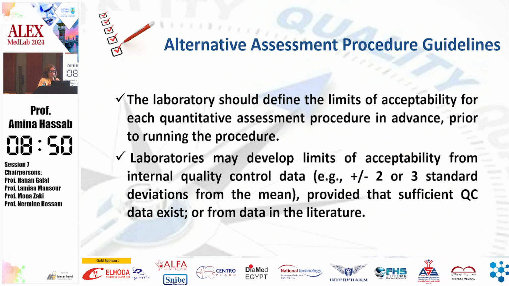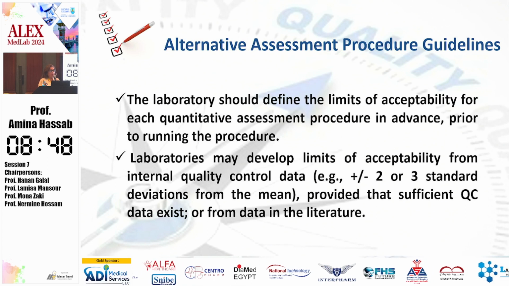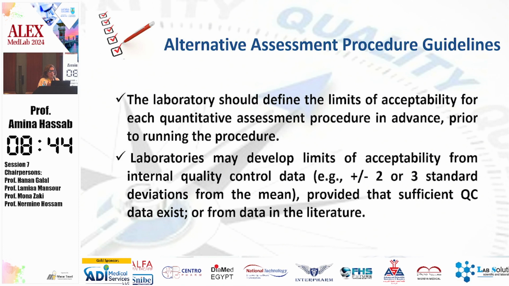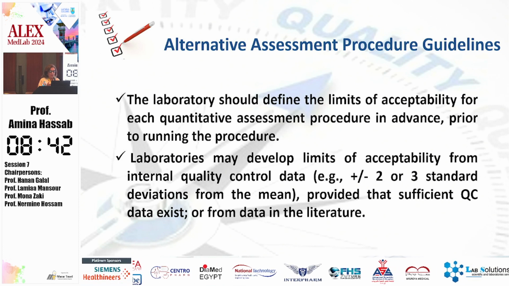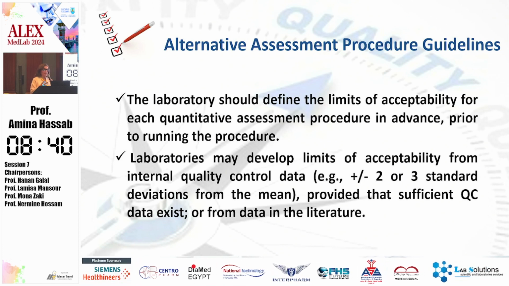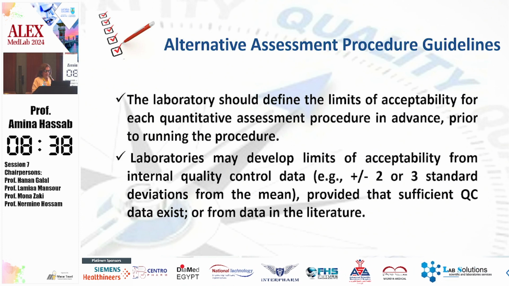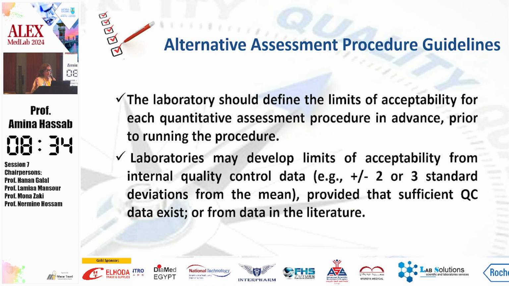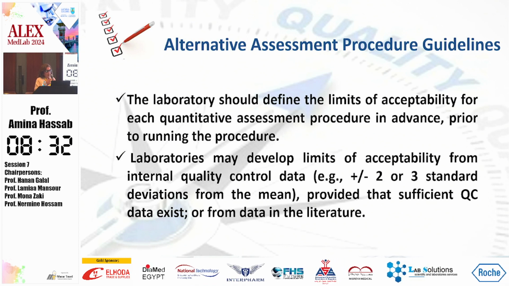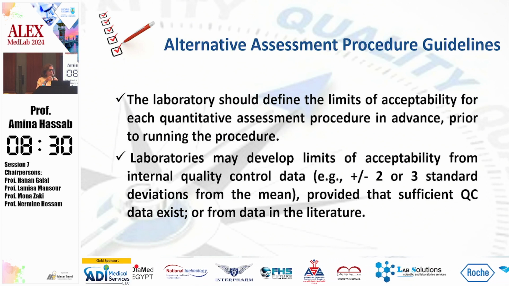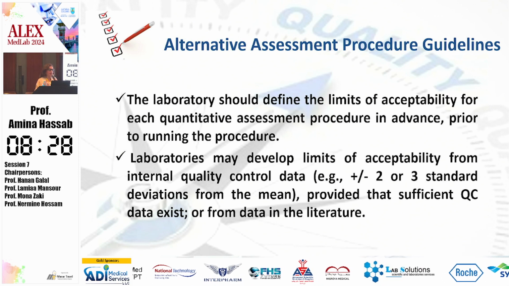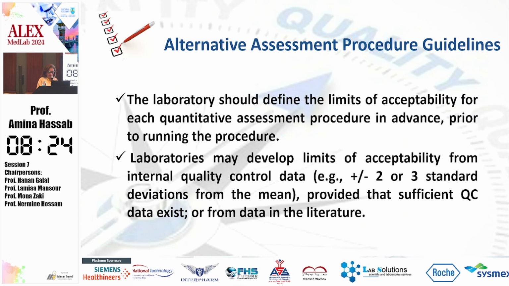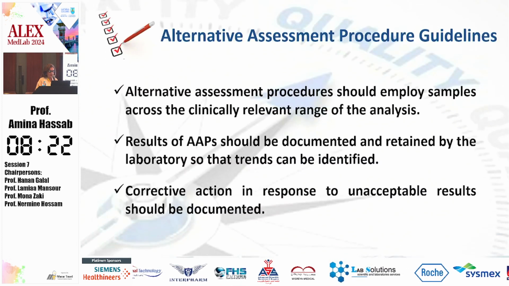You can do this by developing your limits of acceptability from your internal quality control charts, plus or minus 2 or 3 standard deviations as you define them, provided that you have sufficient quality control data. You have a long period of quality control data, and here you define your cutoff values to accept or not accept the results that you will get in the alternative assessment.